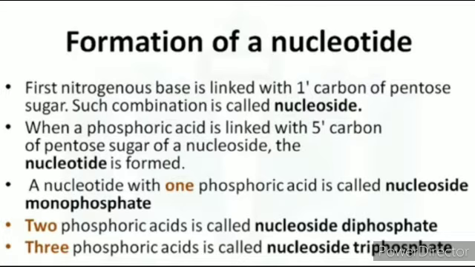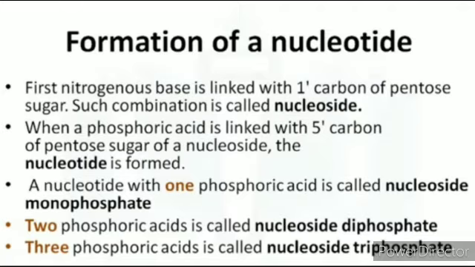In DNA, it is deoxyadenosine monophosphate, deoxyguanosine monophosphate, deoxythymidine monophosphate and deoxycytidine monophosphate. Then in RNA, adenosine monophosphate, guanosine monophosphate, cytidine monophosphate and uridine monophosphate.